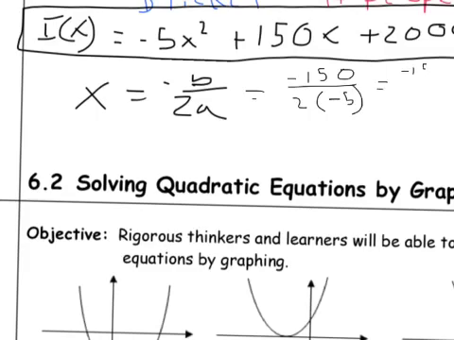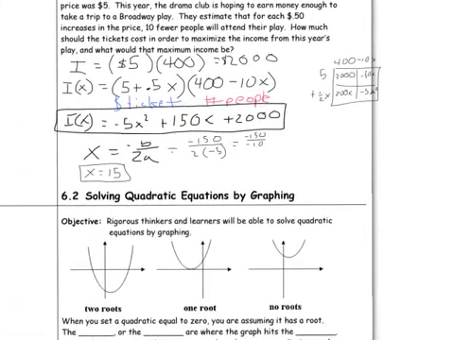You get negative 150 over negative 10, or x just equals 15. Okay, so the vertex is when x equals 15. And that means that the maximum is going to be when you plug this in. So what is I of 15 then? That's really what we want to know.